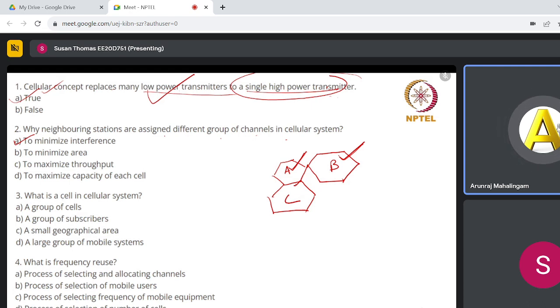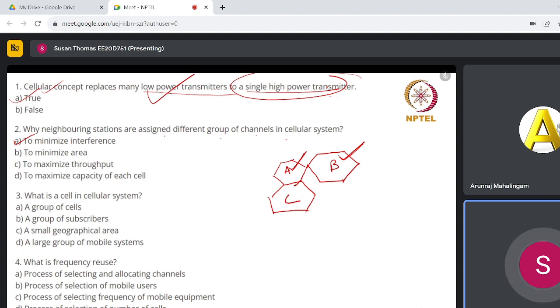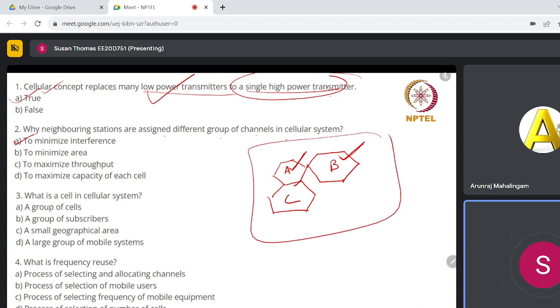One base station which is controlling multiple users or which is giving access to multiple users. So they will tell a group of subscribers, madam. You can say instead of having a big city, it's a small geographical area.